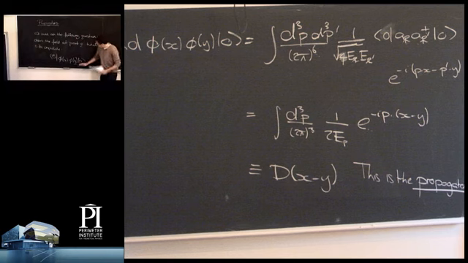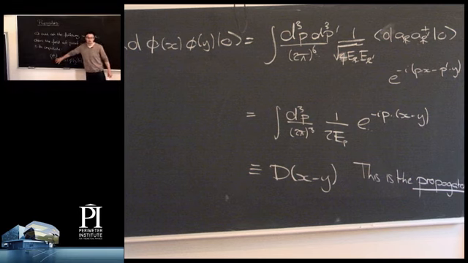Okay, so what do we have here? We have the vacuum, and you do the measurement, if we sort of think in the usual quantum mechanics language, of the field at some point y, and then you do another measurement of the field at x, and then you find the amplitude for that to be in the vacuum again. Okay.